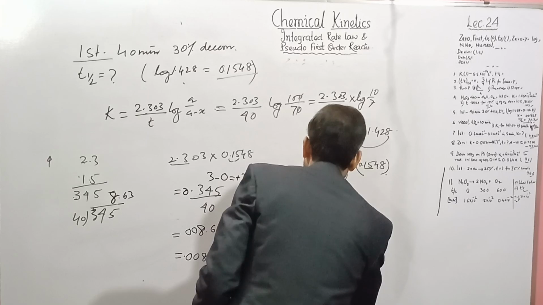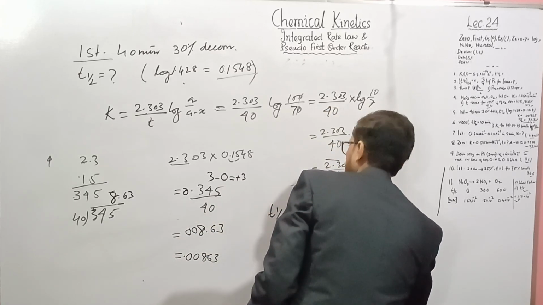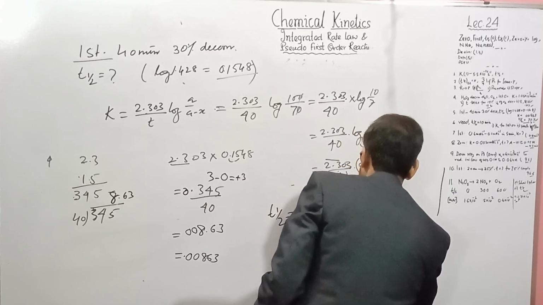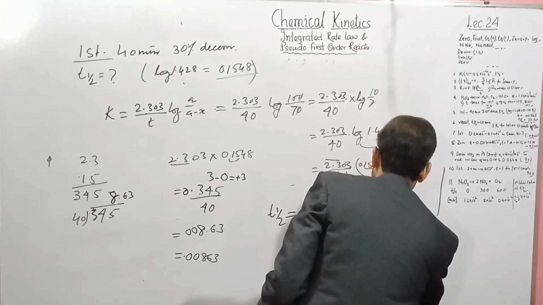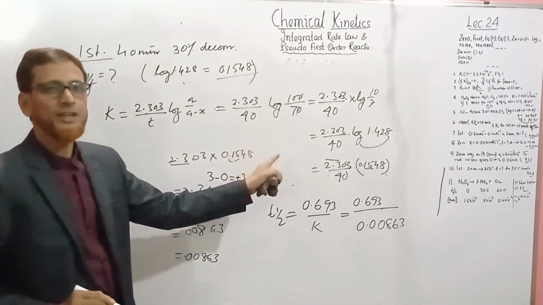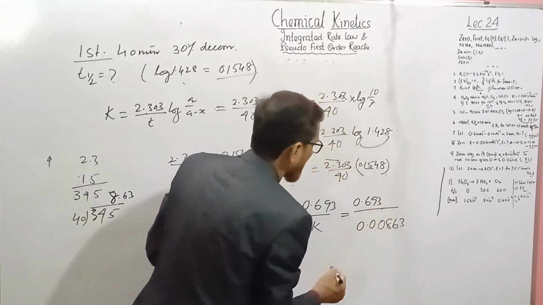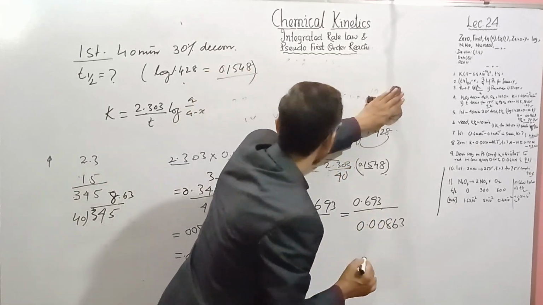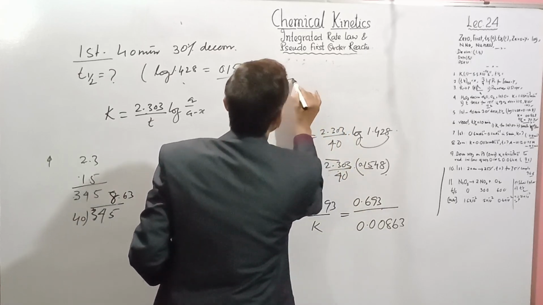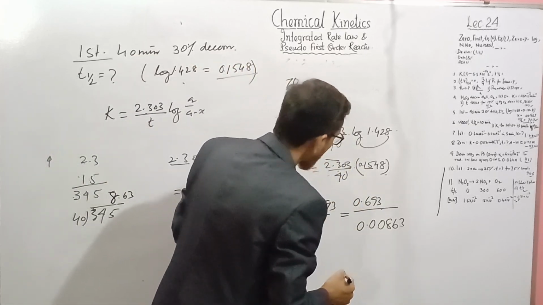T half is equal to 0.693 divided by k, and k is 0.00863. Am I right? Again you will find it difficult to find the result. So you take only 69, which means 70. You can take 70, no harm, don't assume any decimal. Am I right?